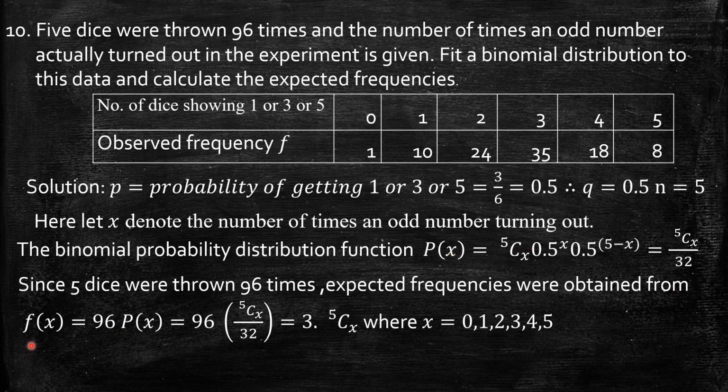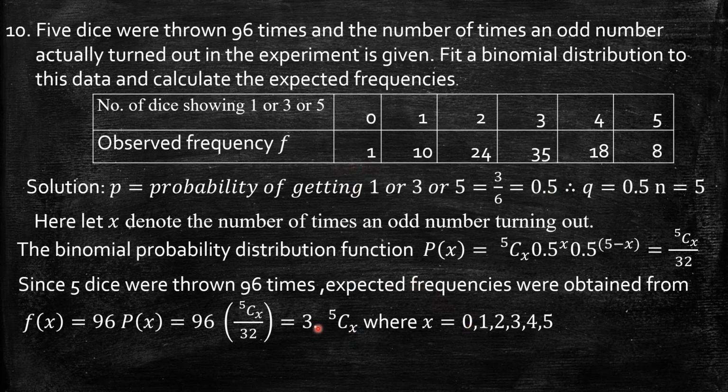I denote it as f of x. So 96 into P of x is 5CX by 32, which I can simplify, 96 by 32 is 3, so 3 times 5CX. Now I want to find the theoretical or expected frequencies for each x varying from 0 to 5, so putting the values one by one gives the corresponding expected frequencies.